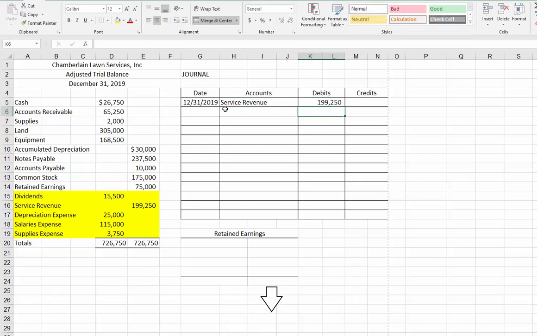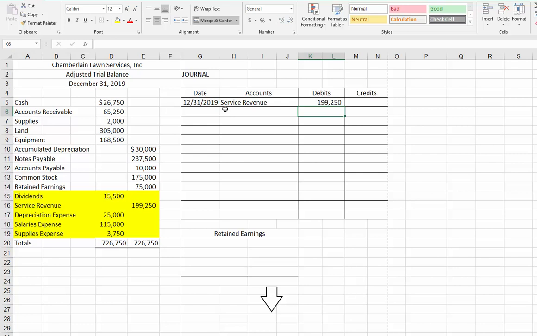Okay? And now, if you remember, where does all of our revenue, expenses, and dividends end up? If you think about your statement of stockholders' equity or you think about your retained earnings, remember that they all go into retained earnings, right? Your net income increases your retained earnings.